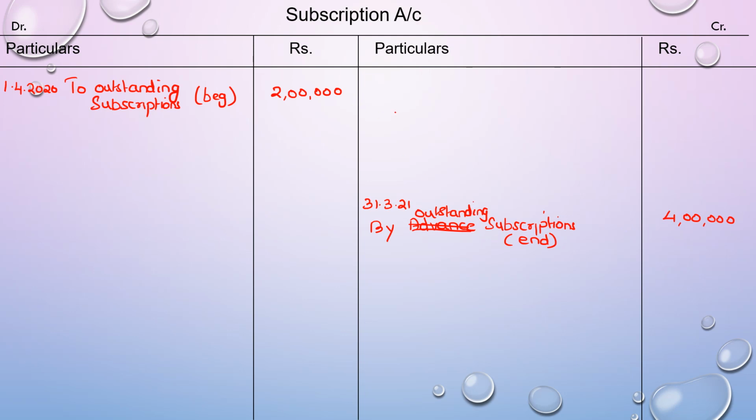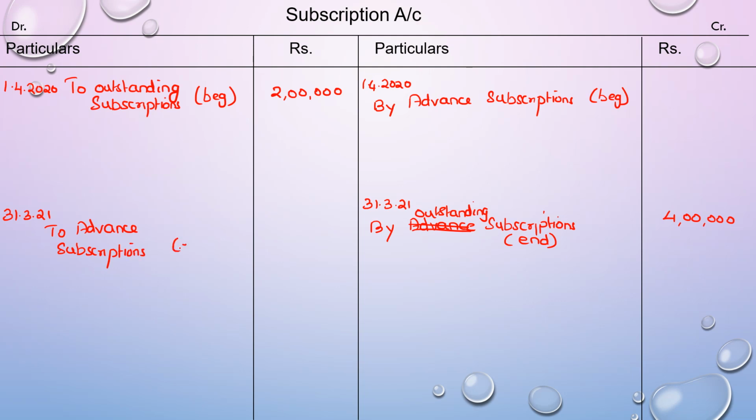Advance subscription at the beginning has a credit balance. So we write it on this side, 1st April 2020 by advance subscription. This is at the beginning, and on 31st March 2021 we are going to have to advance subscription. That would be at the end.